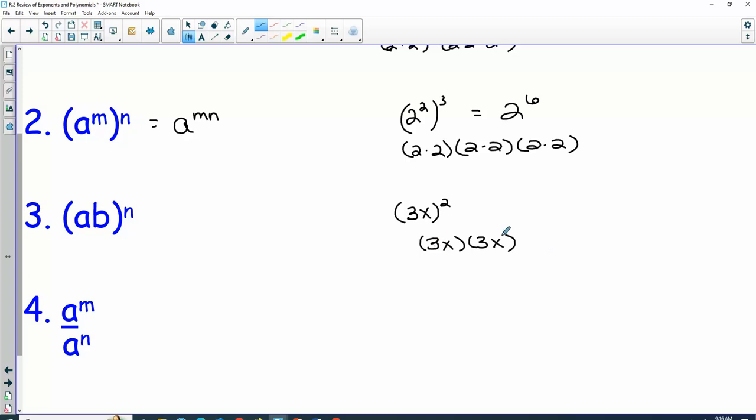So when I look at that, we ended up with 2 3's and 2 x's. So what did I really do with my exponent? Distributed both. It goes to both of them. That's true if the things in the parentheses are being multiplied together.